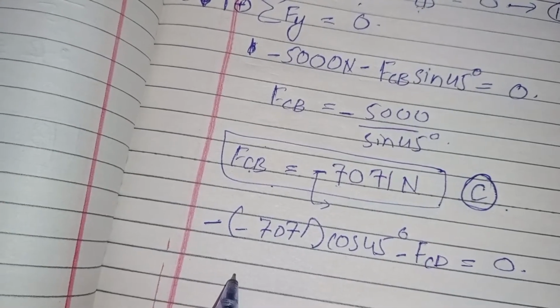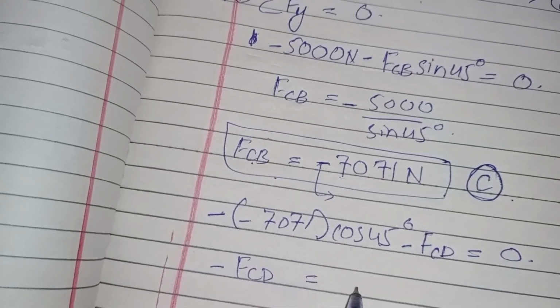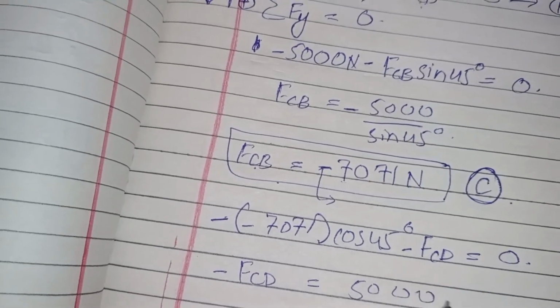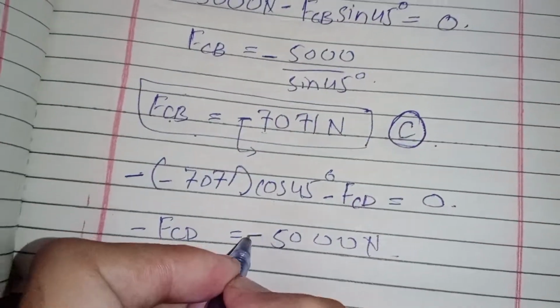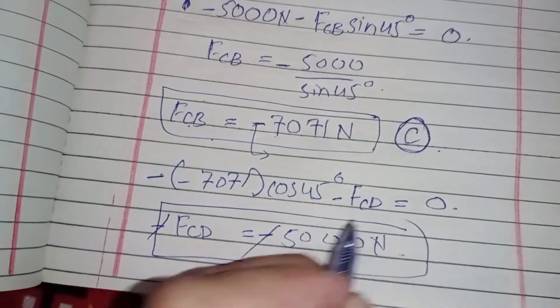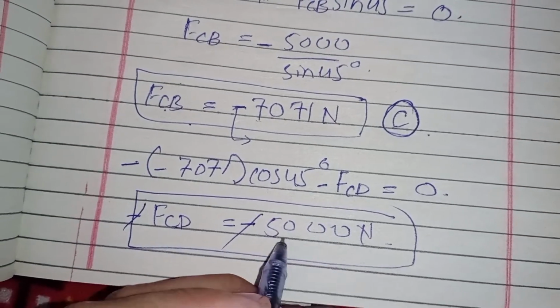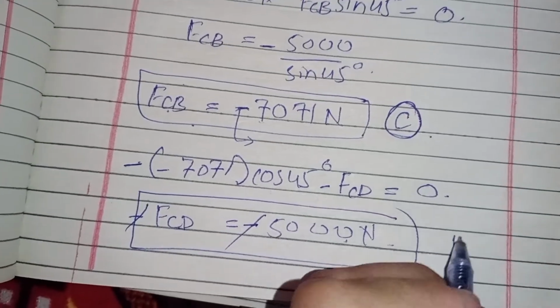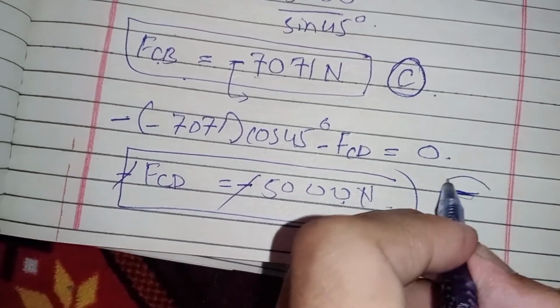So negative FCD will equal negative 5000 Newton. Negative and negative will cancel each other and the sign will remain positive. It means that FCD is 5000. Our assumption was right, and this is in tension.